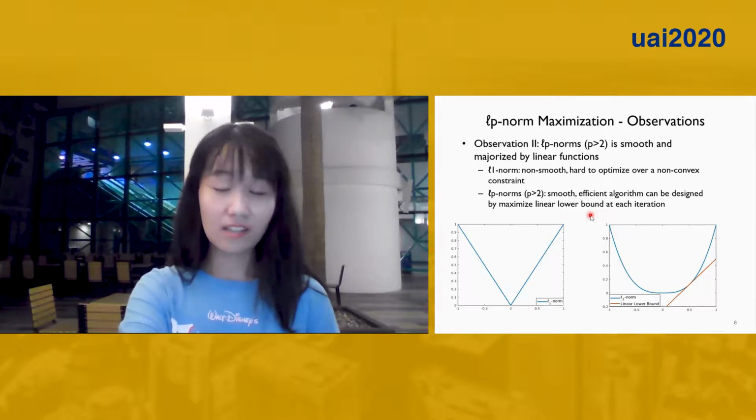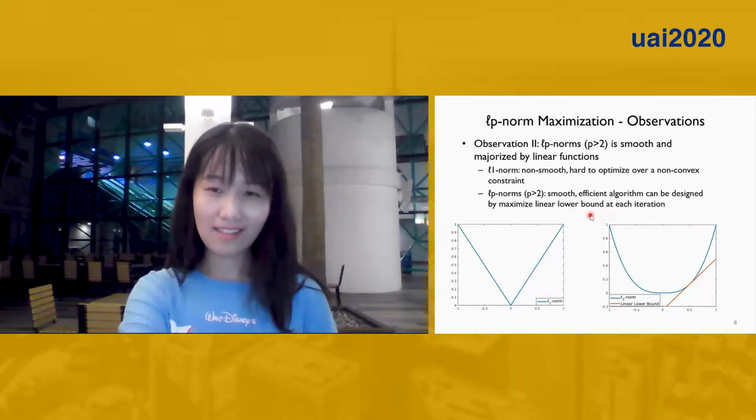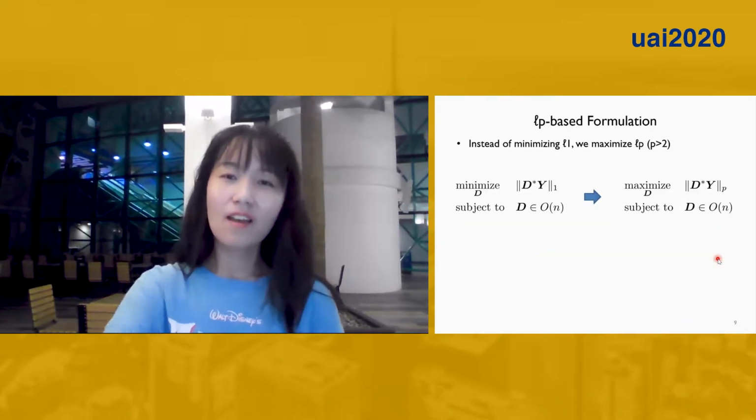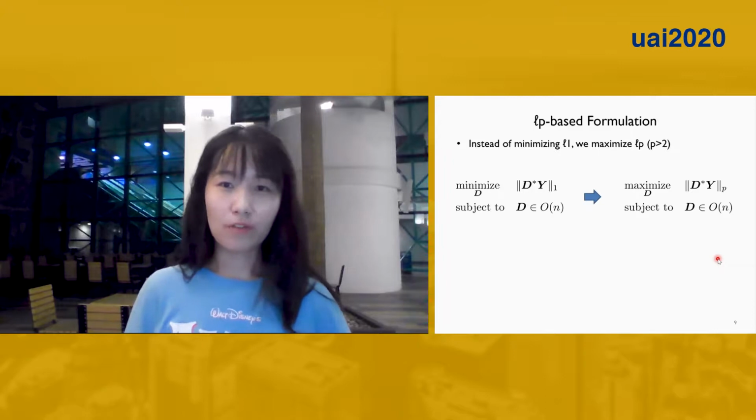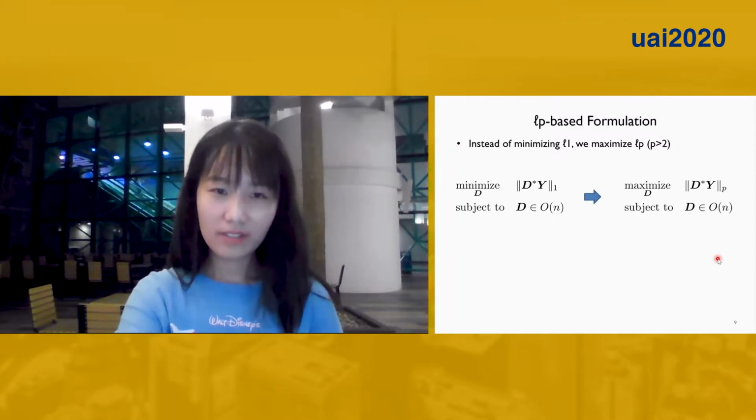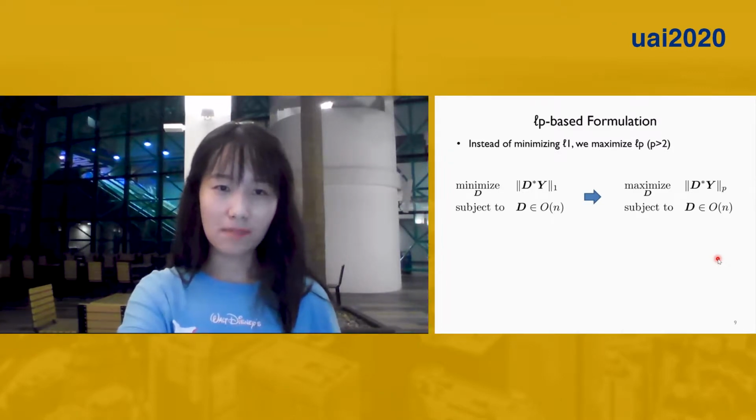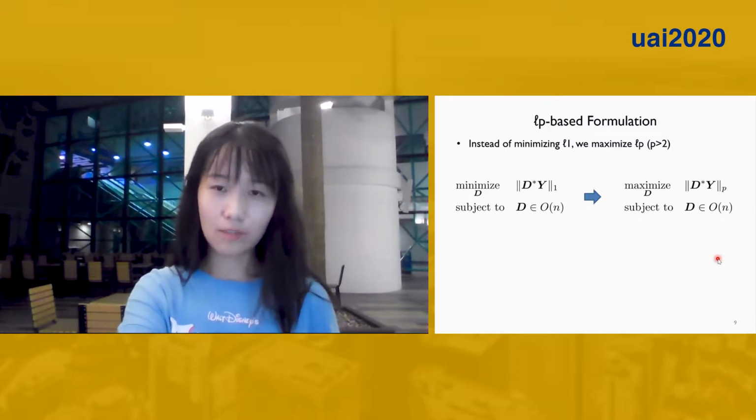And it achieves its optimum at the boundary. So we do not need step size in this case. And we then got our formulation, which is very simple by just transforming the minimized L1 norm into maximized Lp norm. This transformation is simple, but it will improve a lot.